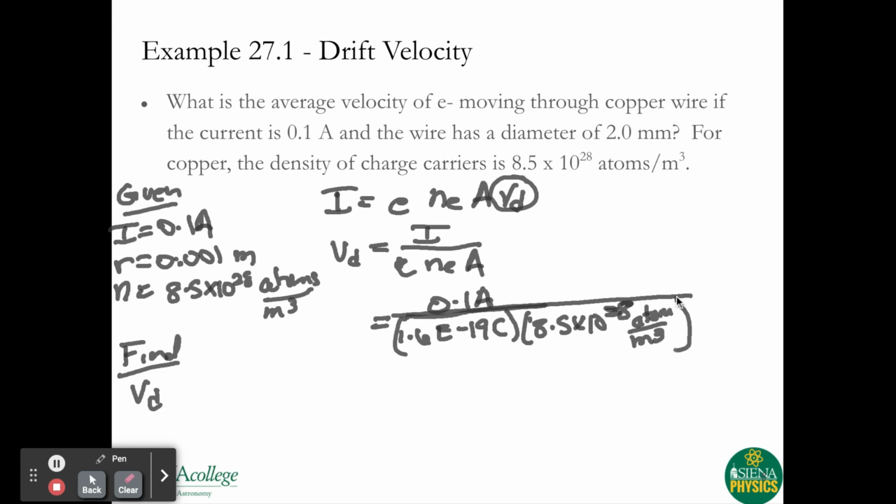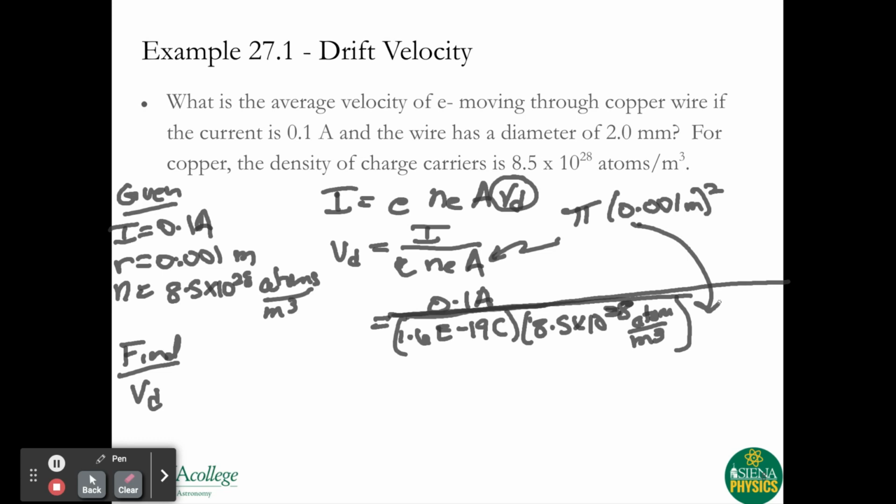And then we also have the cross-sectional area. Remember, this is going to be pi r squared. Pi times 0.001 meter squared. I'm running out of room here, but we'll stick that in there.